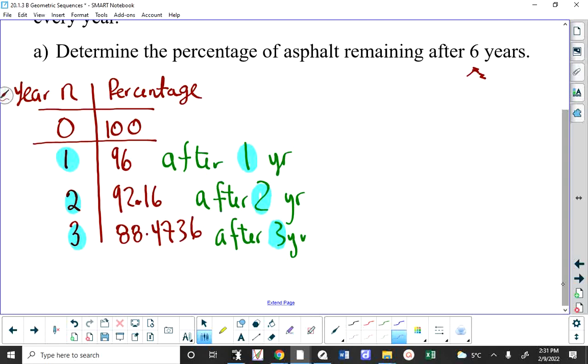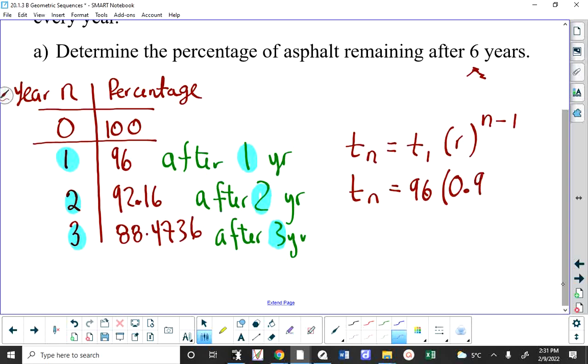So our formula is Tn equals T1 times 96 raised to the n minus 1. Whoops. I'm doing too much at once. Your formula is T1 times R to the n minus 1. T1 is 96. R is 0.96. And here's your formula. It's not a tough question once you get it set up.